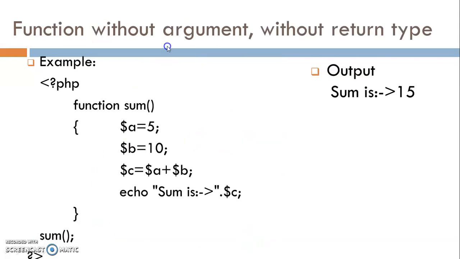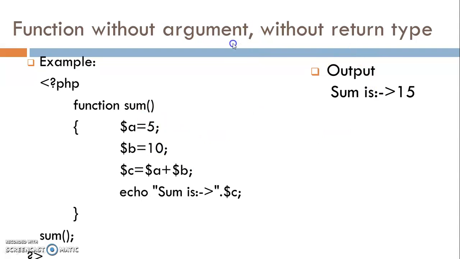Now a function can be used in four ways. First, a function without argument and without return type. It means whenever we call the function, the user is not passing any argument, and the variables are declared inside the function.